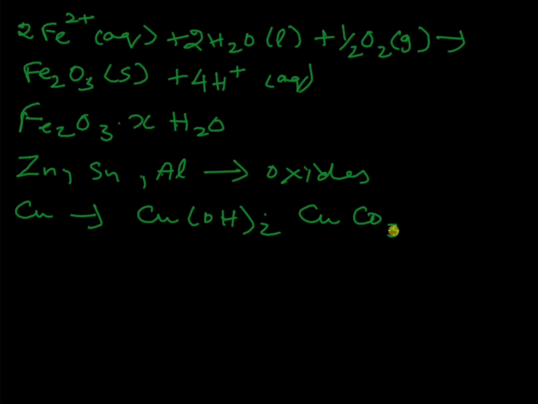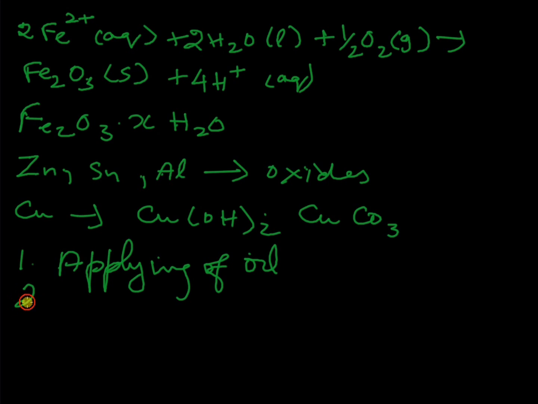Once we have understood the chemistry of rusting of iron, let us see how the methods of prevention that we normally apply are helpful in preventing corrosion. The simple methods are, we can say, applying of oil, then painting, we do painting of the iron objects.